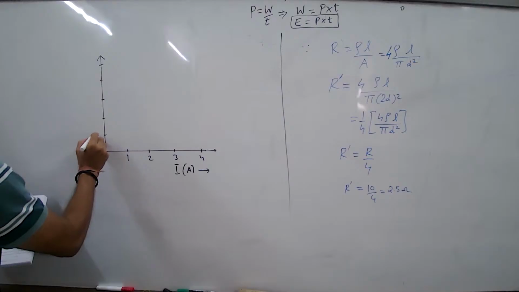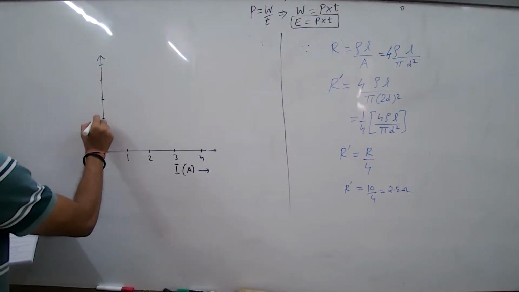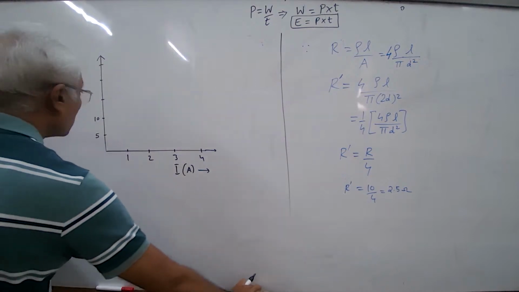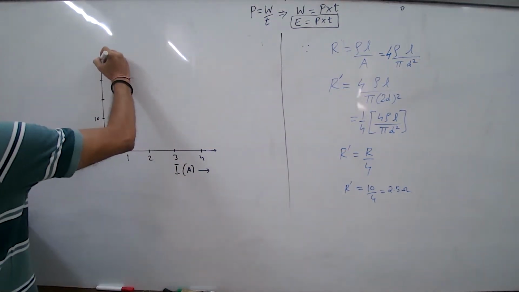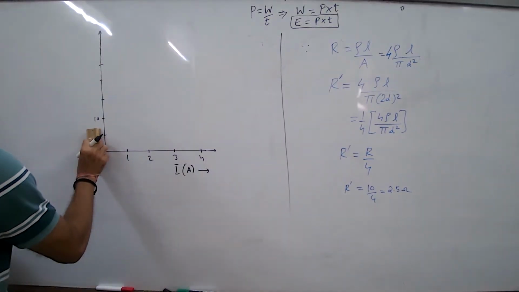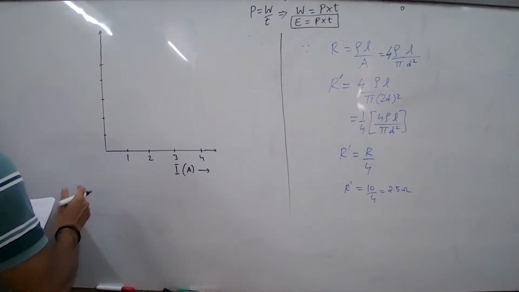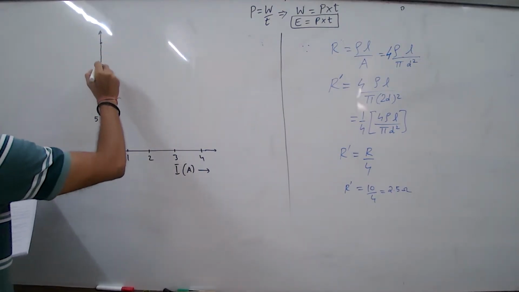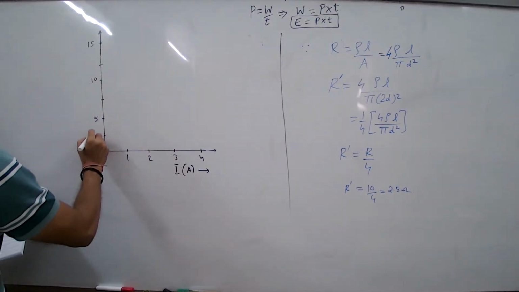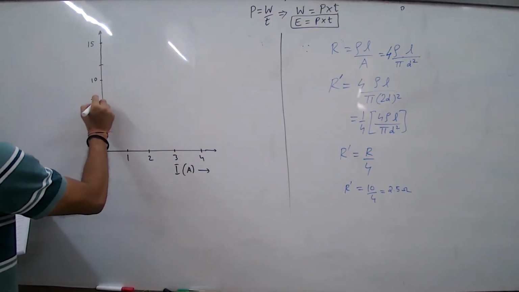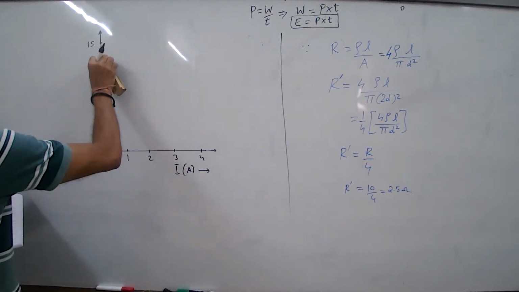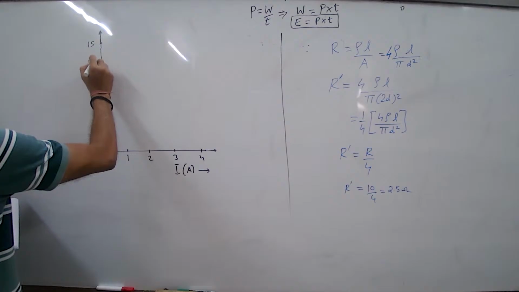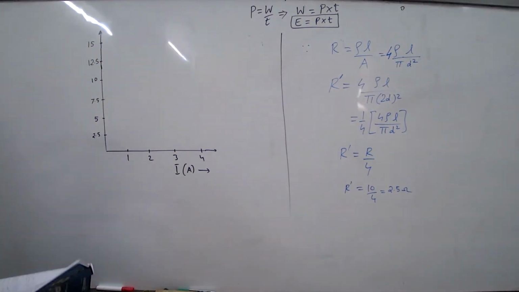So what we can take: 5, 10, 12.5. Okay, we can plot the graph.